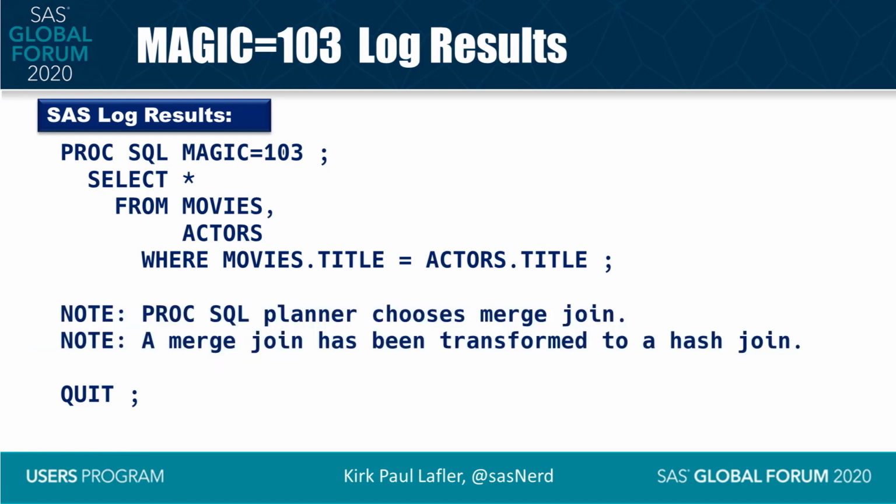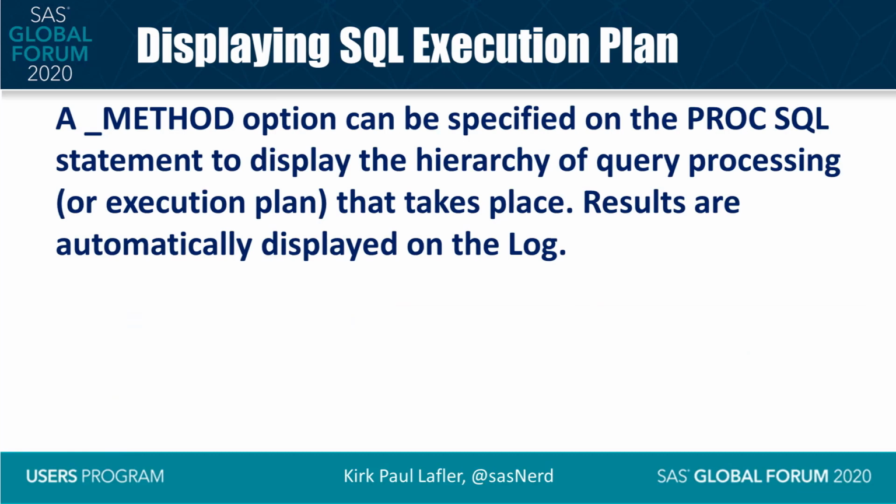Now let's take a look at how we can look under the hood of SQL. In other words, see how our query or queries are processing. We can display the execution plan with the _METHOD option. The _METHOD option is going to display the hierarchy of query processing, or an execution plan.